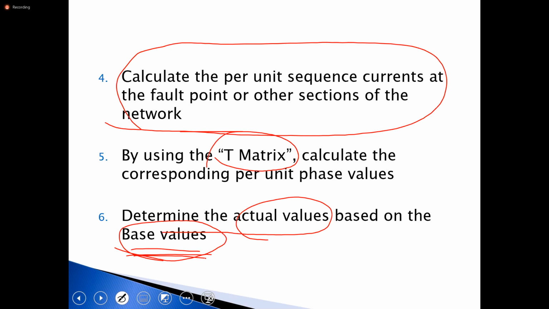You'd have selected V base at a particular point in the network. So having the base voltage and power, you can calculate the base current at that point, and thereby be able to calculate the actual current, the actual voltage, the actual power where necessary.